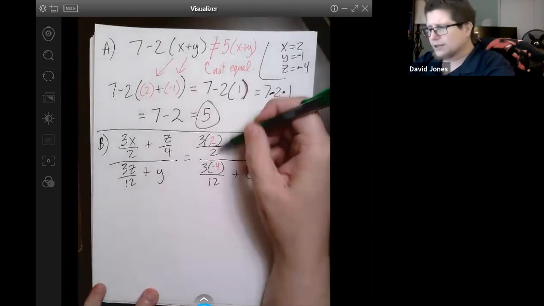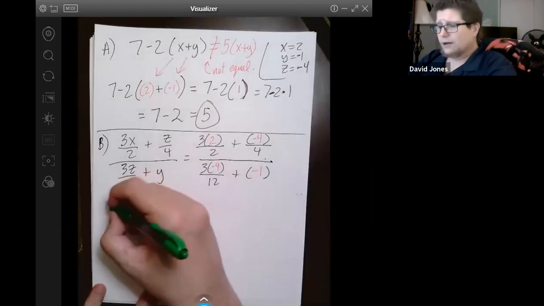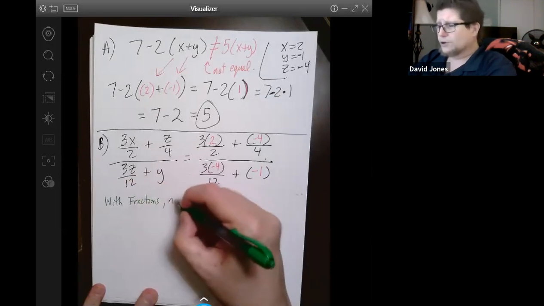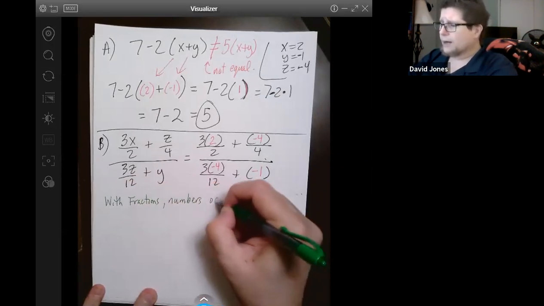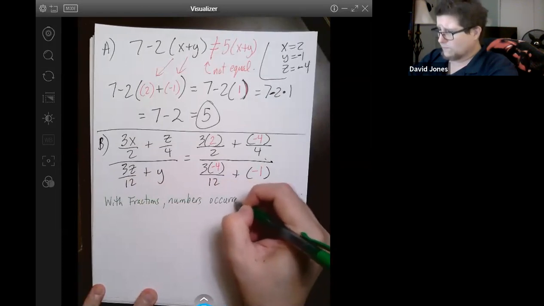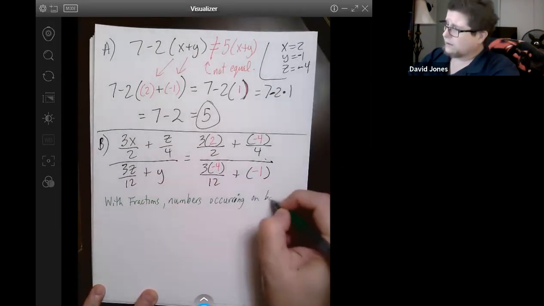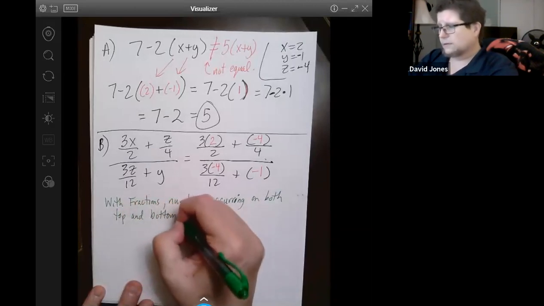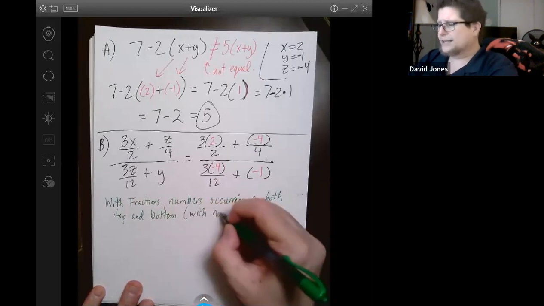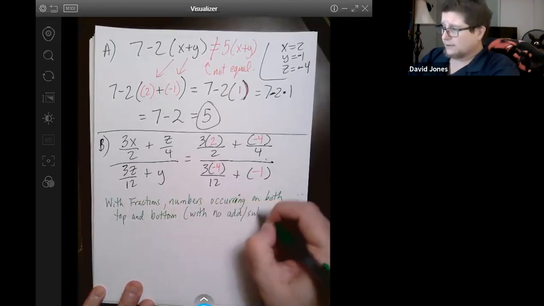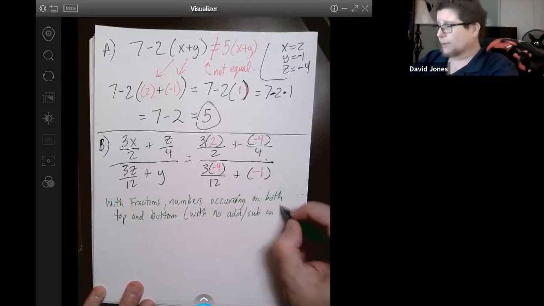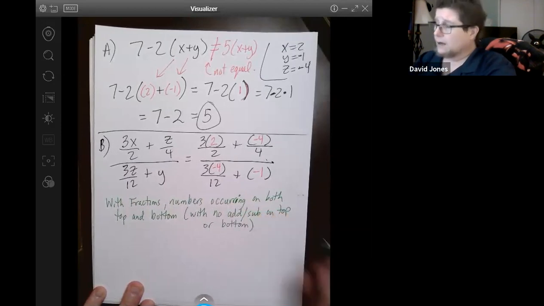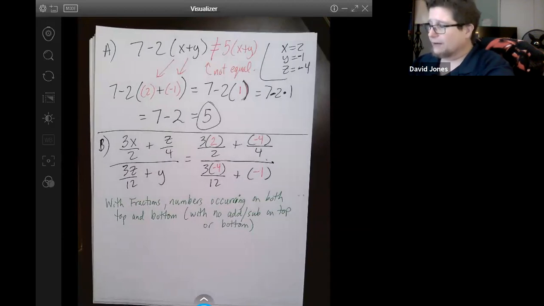If you have numbers on top and bottom and multiply together with fractions, numbers occurring on both top and bottom, and there can be no addition or subtraction on top or bottom. In this case, we can cancel it out.